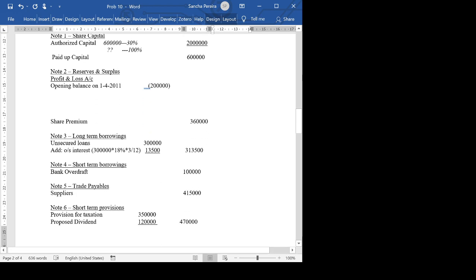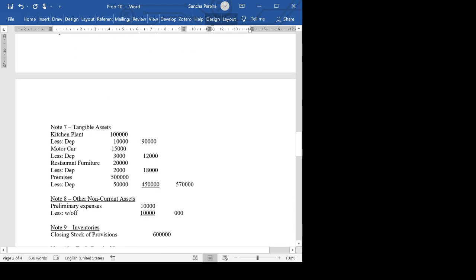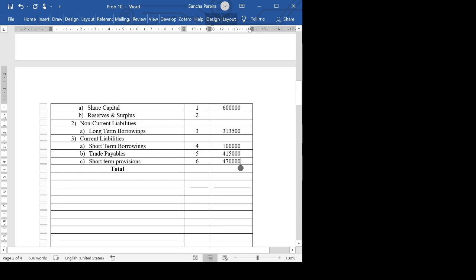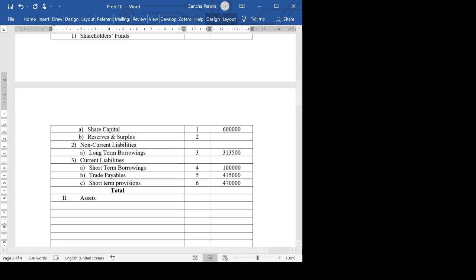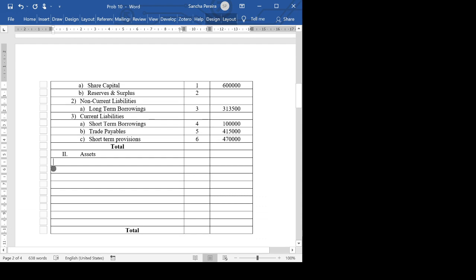Then we move to the assets part. We have done all this. We start with assets. Under assets, the first thing that we have is non-current assets.